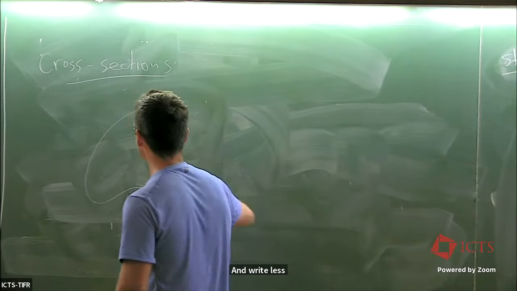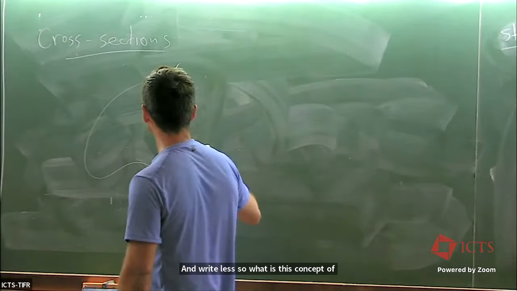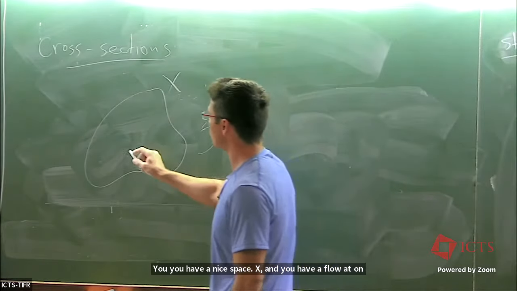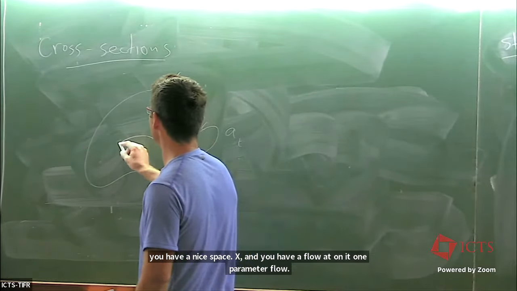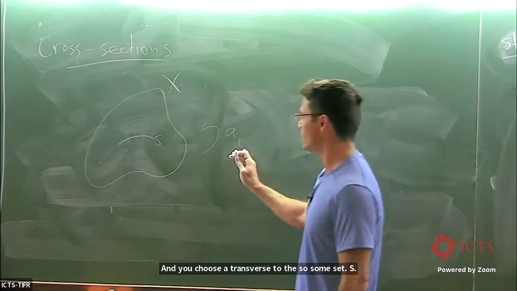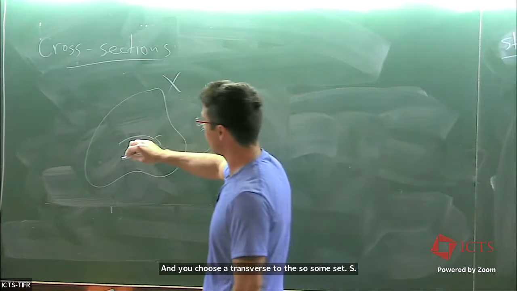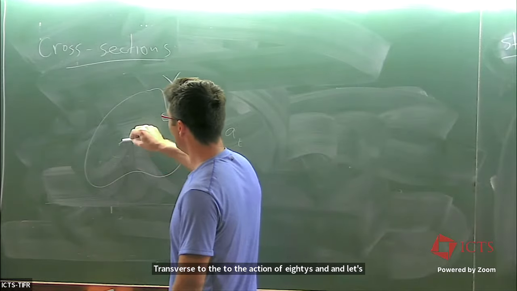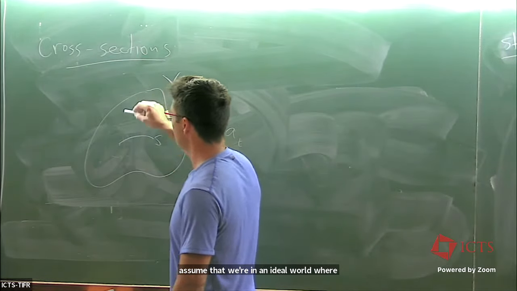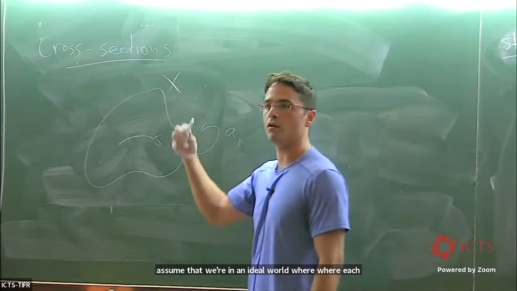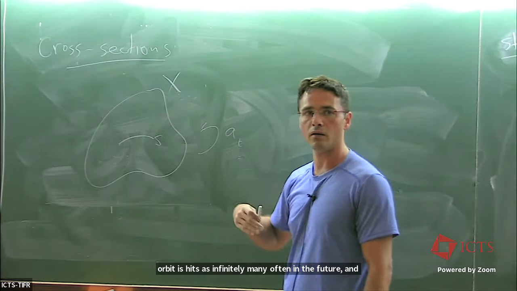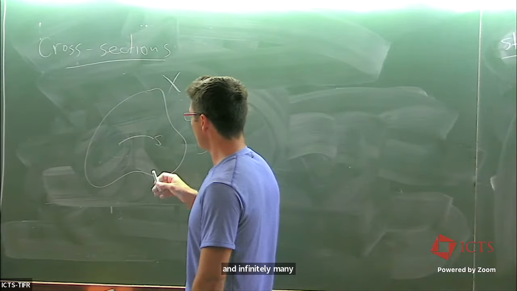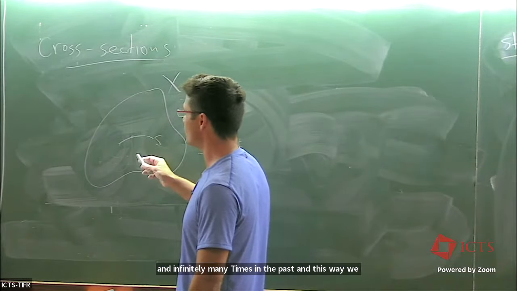You have a nice space X, and you have a flow a_t on it, a one parameter flow, and you choose some set S transverse to the action of a_t, and let's assume that we're in an ideal world where each orbit hits S infinitely many times in the future and infinitely many times in the past. And this way we can define a first return map.